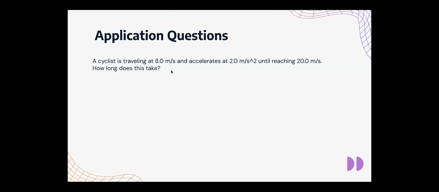So we know that the cyclist starts at the initial velocity, the subscript. If you weren't here for last class, this just means the initial velocity. Let me hide my name real quick.